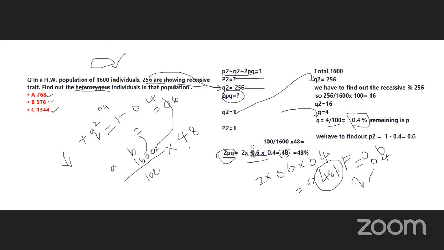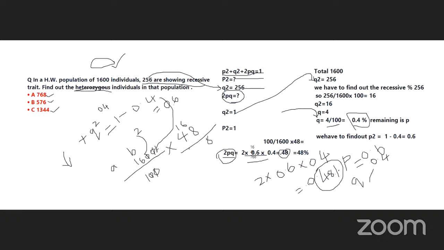Just strike out this 0 here, so you have to multiply 16 into 48. See here, 8 into 6, 48.